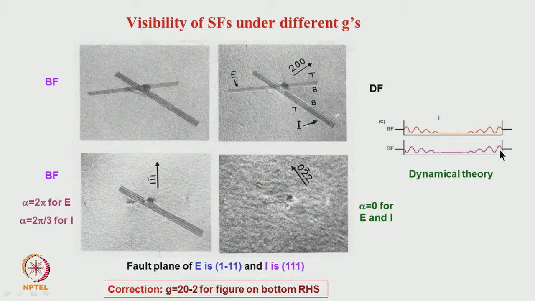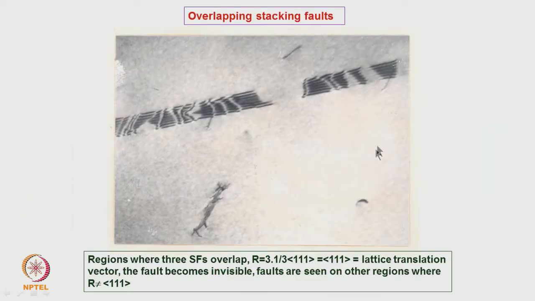And we know the vectors for which these fringes become absent, because a stacking fault is nothing but a planar defect, correct. Before we go on, suppose one stacking fault is there, and another stacking fault forms on top of that. Then what is going to be the fault vector for both together? It is twice that, no? So it will become 2 by 3, 1 1 1.